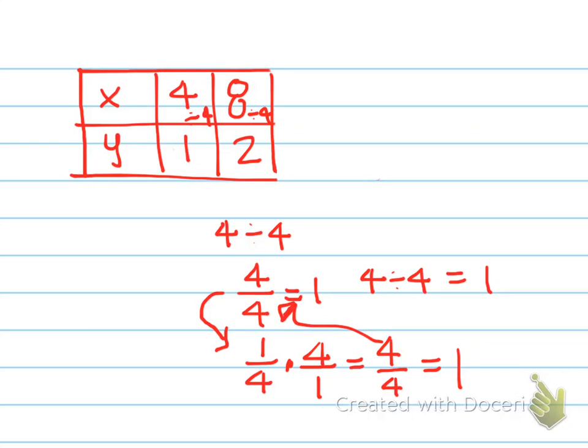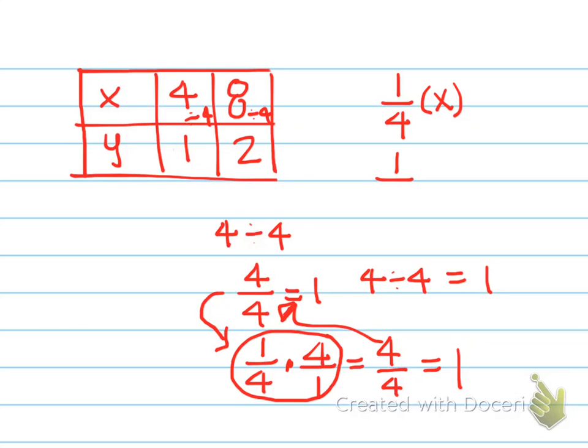So we're kind of just showing you a few different ways, because our rule is multiplicative. I can't write x divided by 4. But what I can write is this right here. I multiplied x by 1/4.